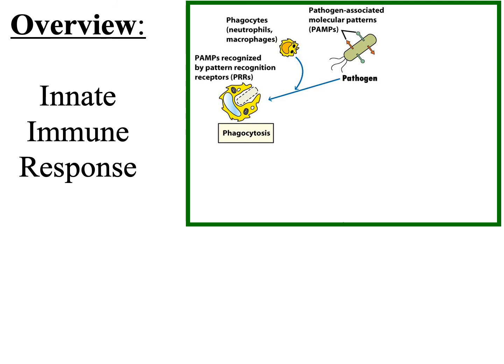So what you see in this panel of the figure is that the PAMPs are recognized by phagocytes. Neutrophils and macrophages typically are the number 1 and number 2 components that are recognizing these PAMPs. The PAMPs are recognized by pattern recognition receptors, and what this does is trigger or initiate the phagocytosis process.